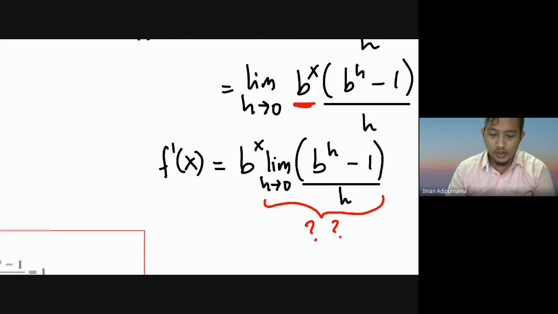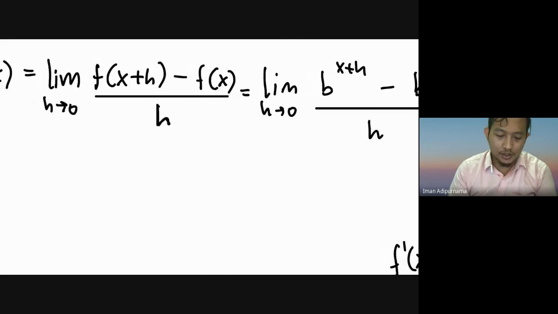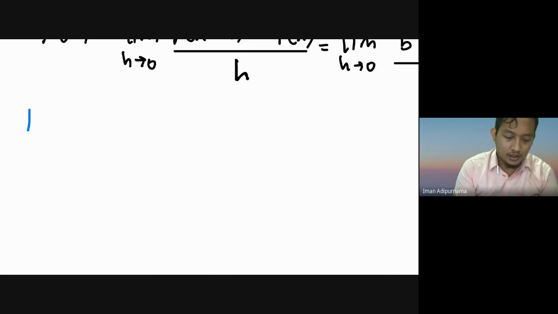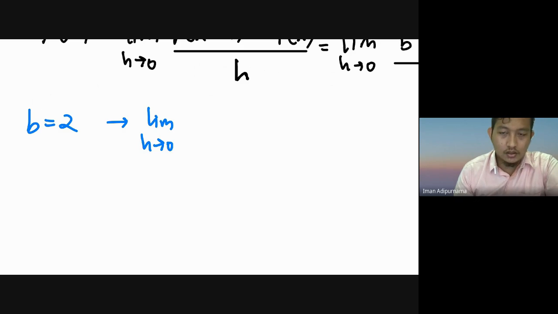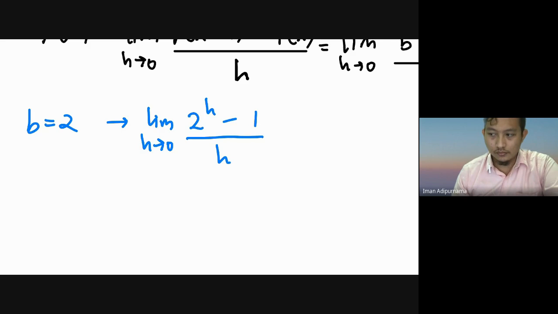Let me write here, if b is equal to 2, I have the limit as h approaches 0 of this divided by h. How are we going to get it, because this will be 0 over 0?